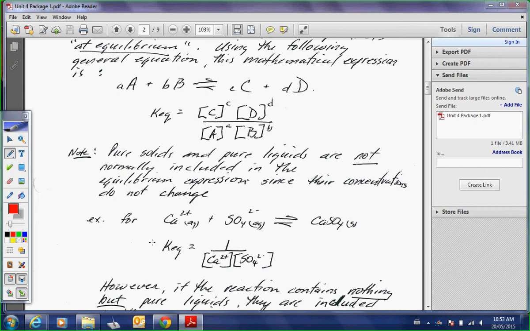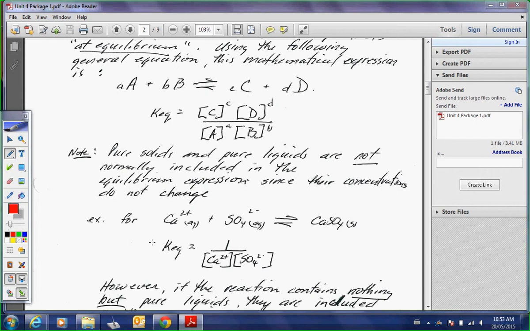And so we come up with the equilibrium expression of products over reactants. The square brackets mean concentration, the little c, little d, little a, little b mean the coefficients, the balancing numbers. And then we plug it all in, numbers, numbers, numbers, and we can get K_eq, the constant at equilibrium.